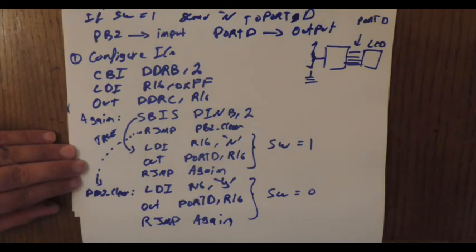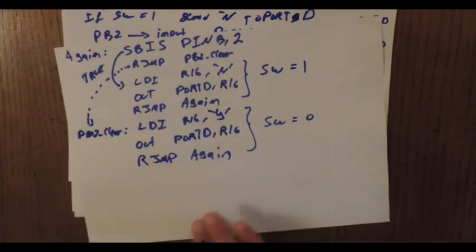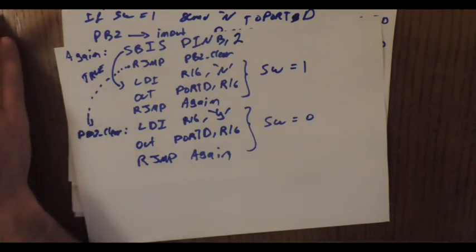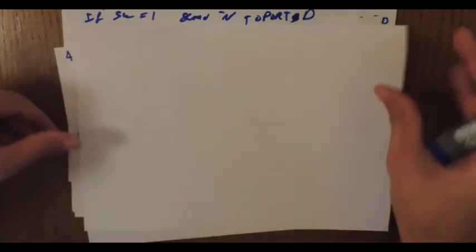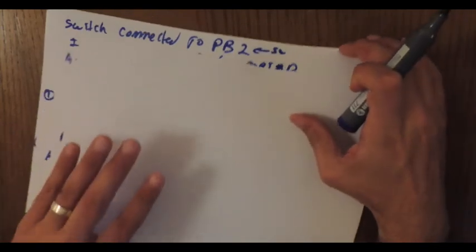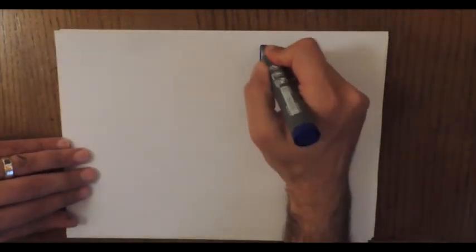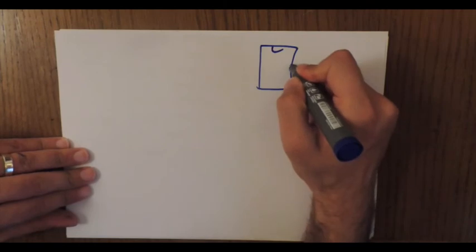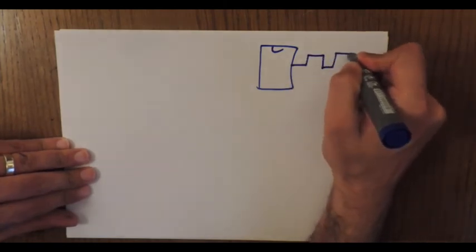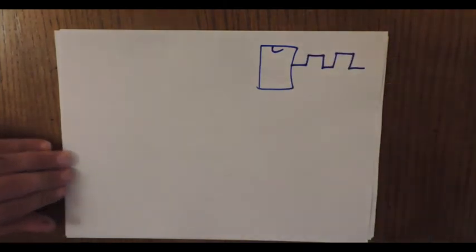With those instructions, with CPI and SBI, we can create a PWM signal or a signal that has a square wave. So let's talk about creating square signals also. So let's say I have a microcontroller that I want to create a square signal with a duty cycle.